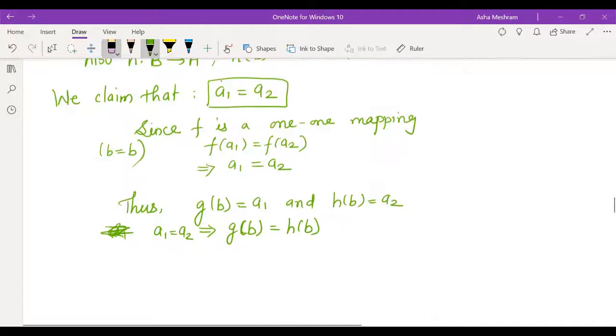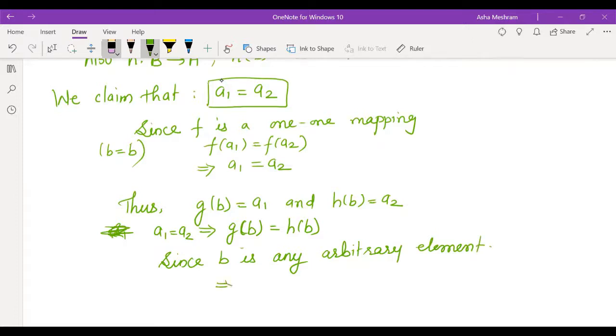And since b is any arbitrary element, therefore we have this G is equal to H, by the definition of equal mappings.